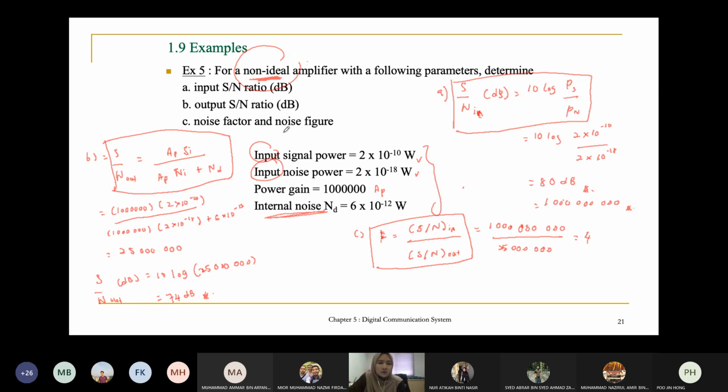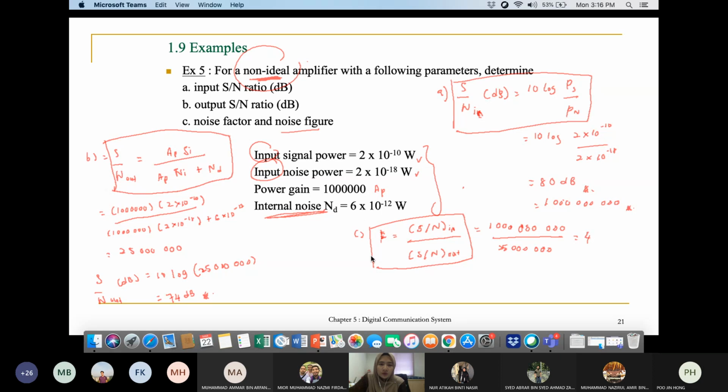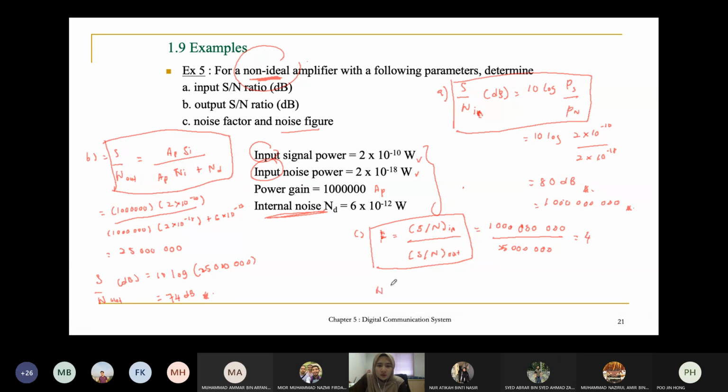Next, the question asks you to calculate for the noise figure. Noise figure is NF. NF is equals to 10 log F. So 10 log 4 berapa? 6.02.